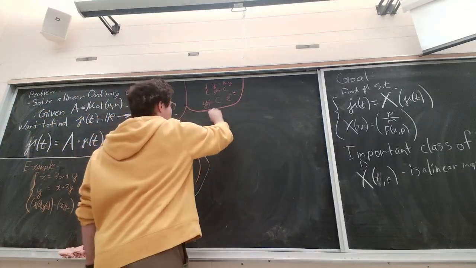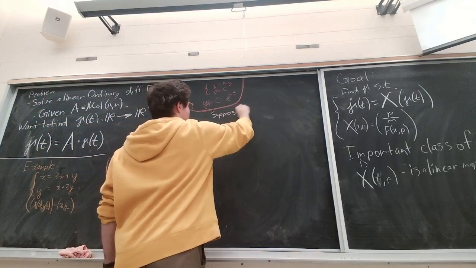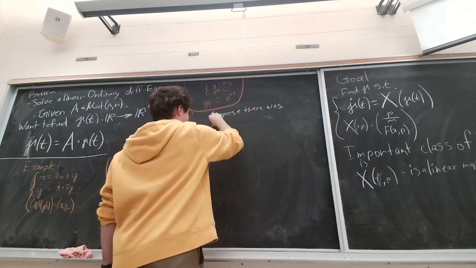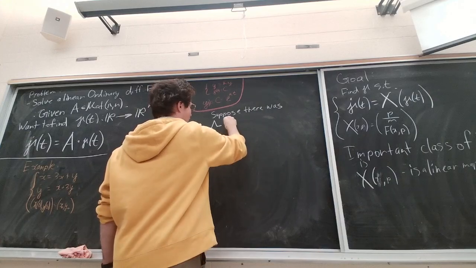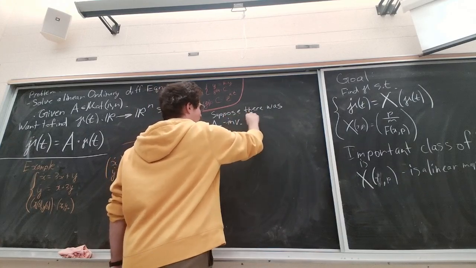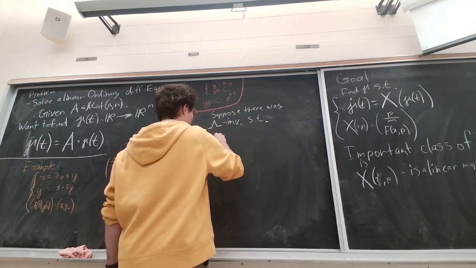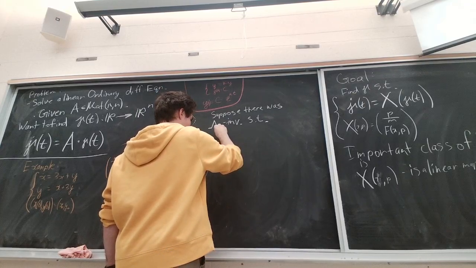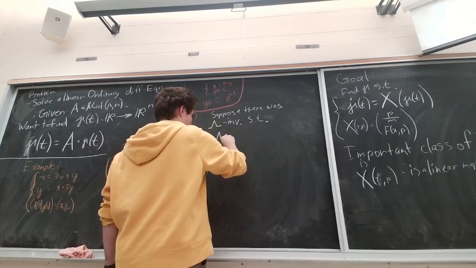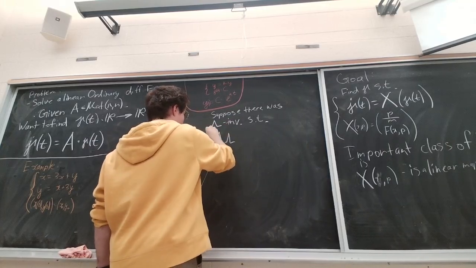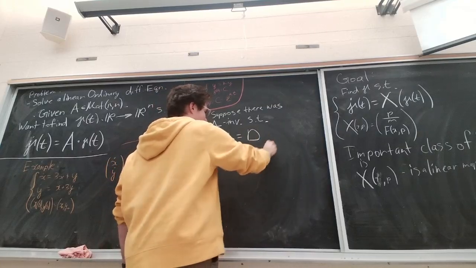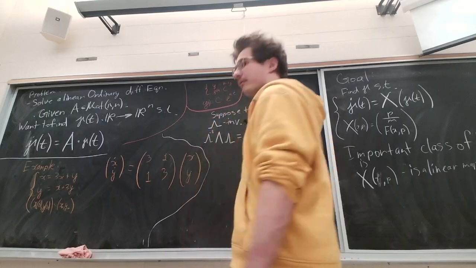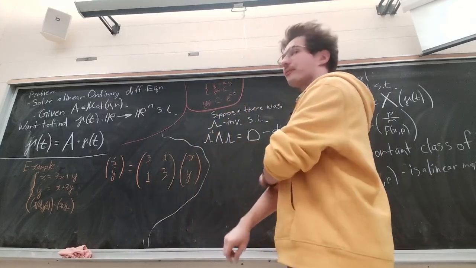So suppose there was a lambda which is invertible, such that lambda inverse, A, lambda, was equal to D, where D is a diagonal matrix. Okay, suppose I had this. Do you agree?